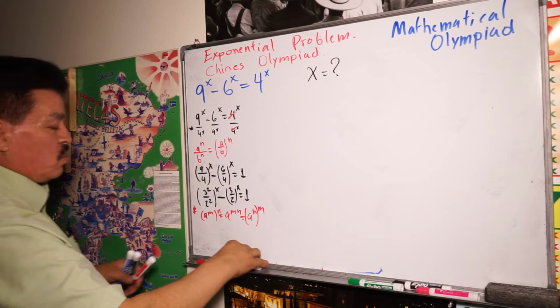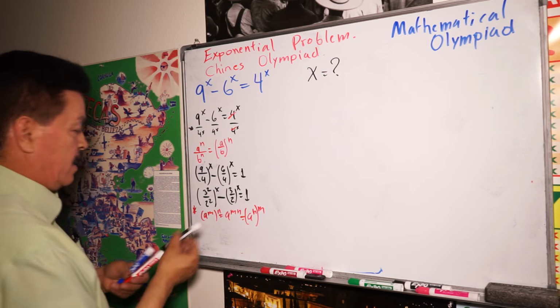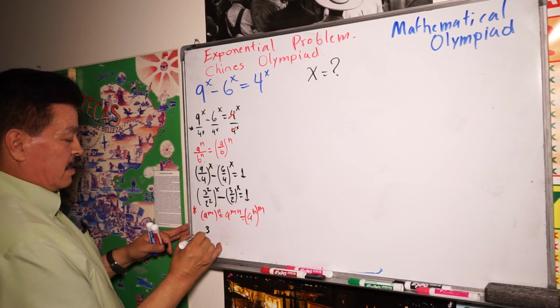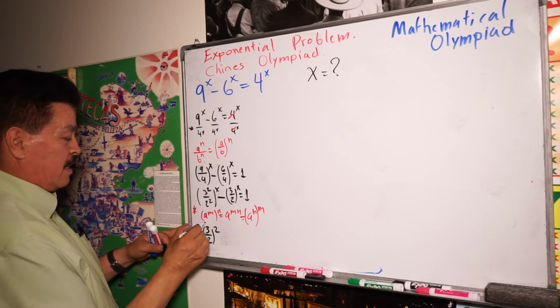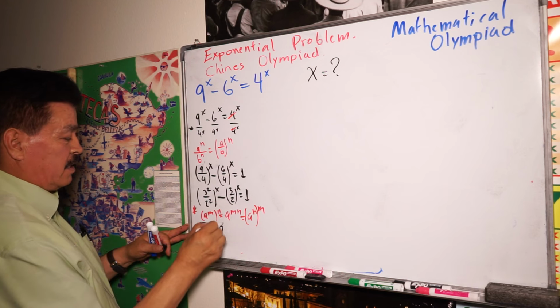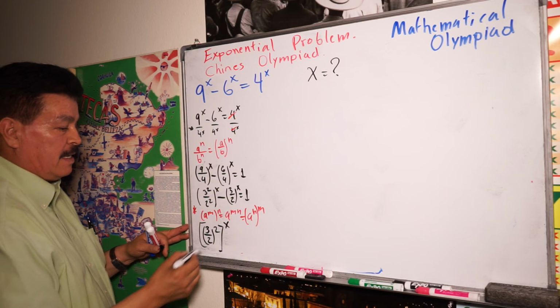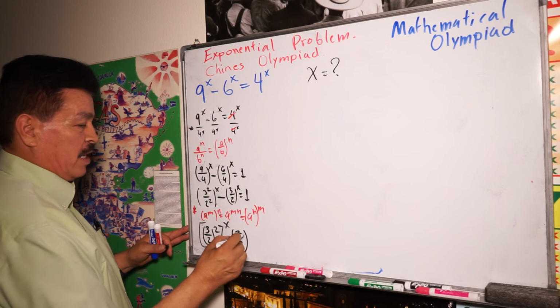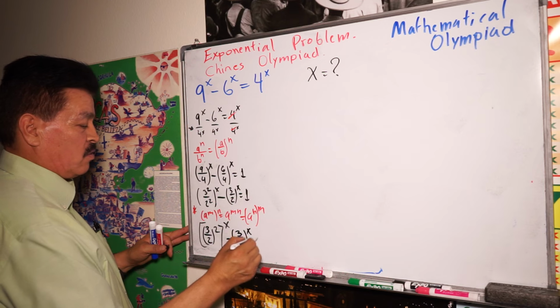So now write it here: 3 halves to the second power, in brackets, to the x power. Same thing here: 3 divided by 2 to the x power equals 1.